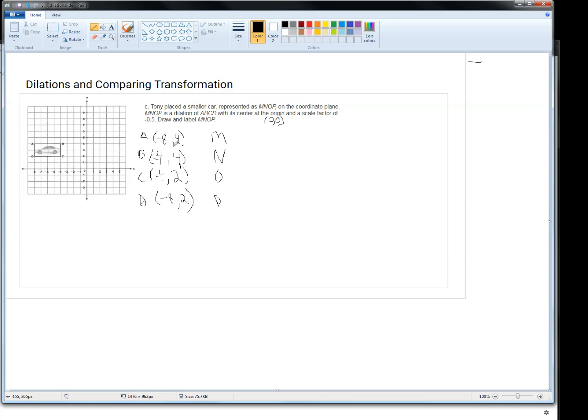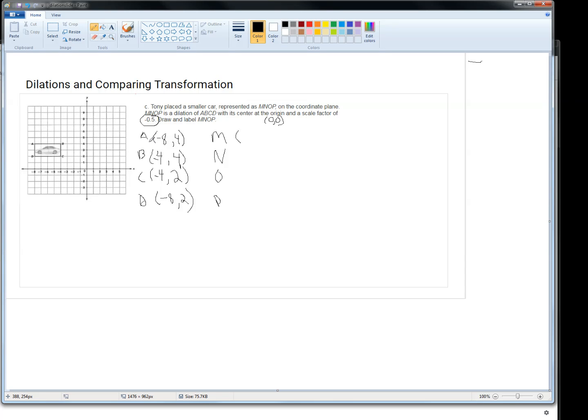So the way we are going to solve this by using algebra is we're going to use this important number called the scale factor. The scale factor is negative 0.5. We need to multiply every single x and y value in the ordered points by negative 0.5 in order to find our new set of points.